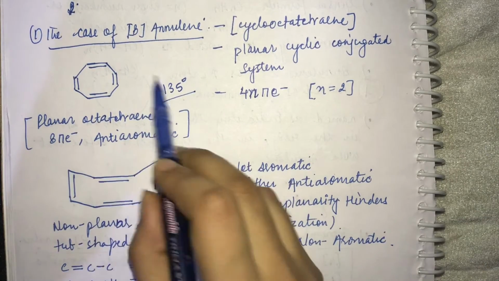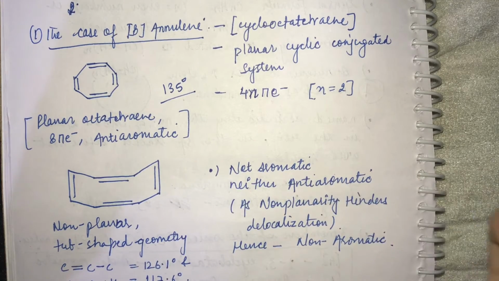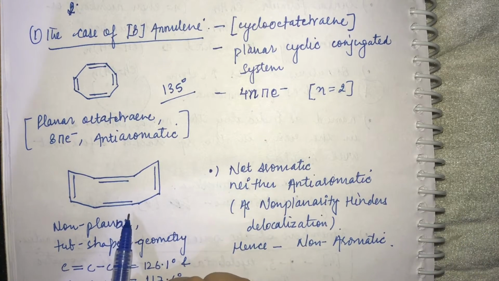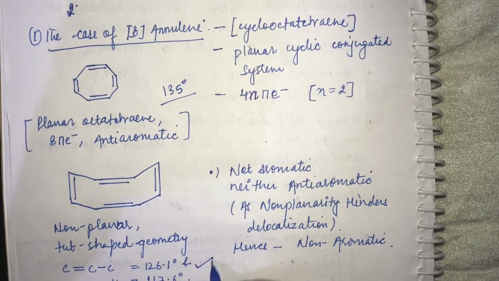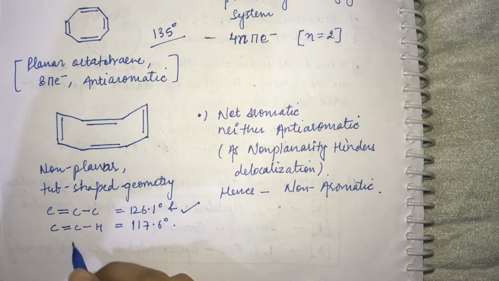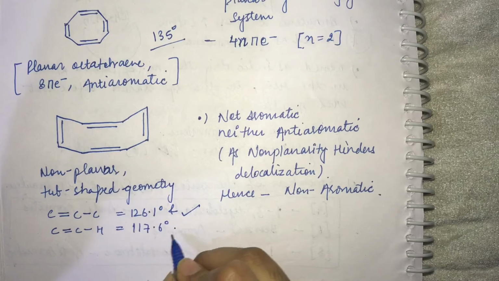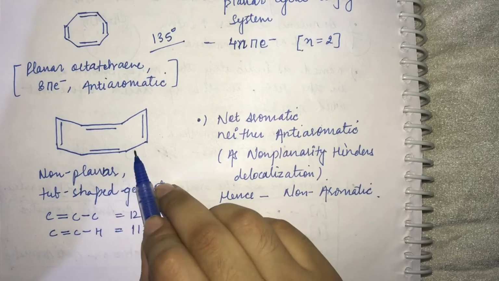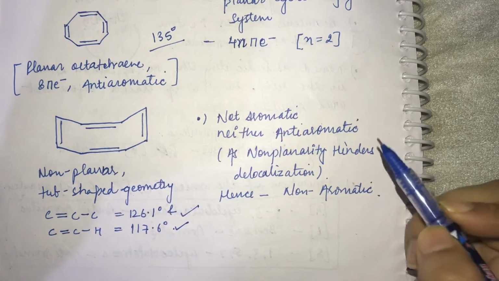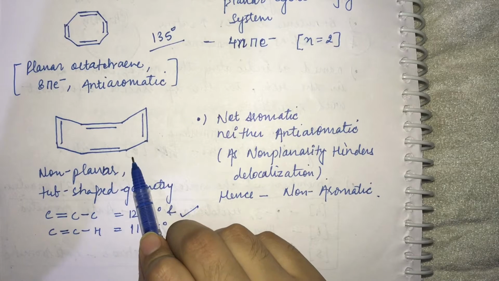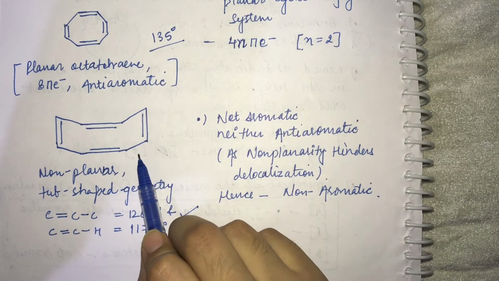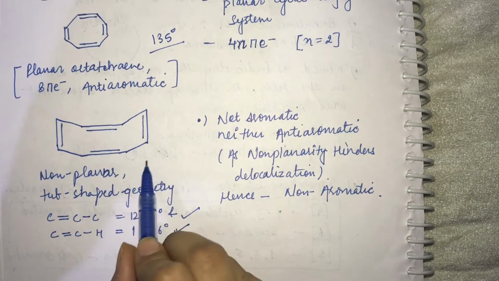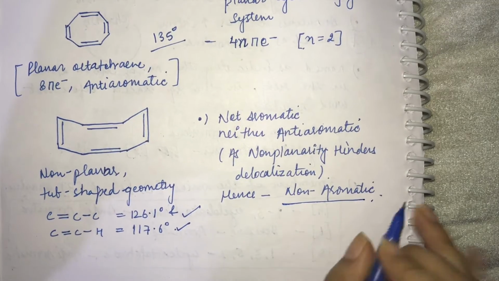To overcome this strain, the molecule assumes a non-planar tub-shaped geometry with angles of 126.1 degrees and a C double bond CH angle of 117.6 degrees. This is the tub-shaped molecule and it is non-planar. Since it is non-planar, it is neither aromatic nor anti-aromatic, as non-planarity hinders the delocalization, hence it is non-aromatic.